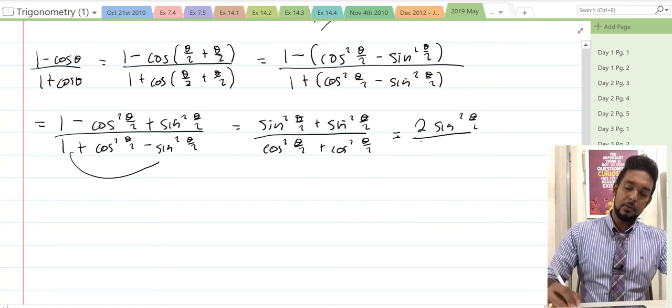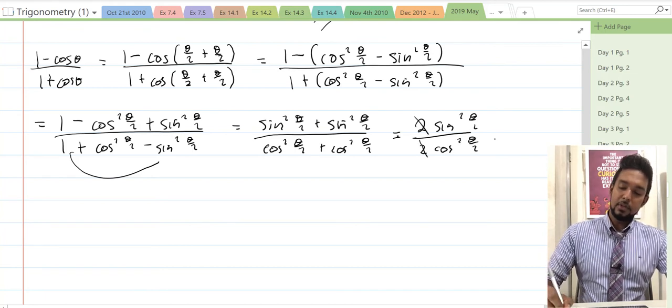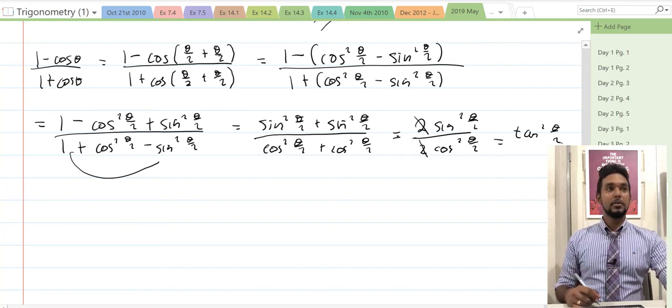Cos squared plus cos squared. And what's sine squared divided by cos squared? We just put theta over 2.